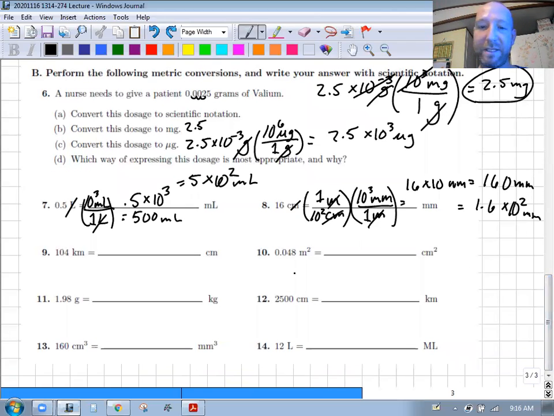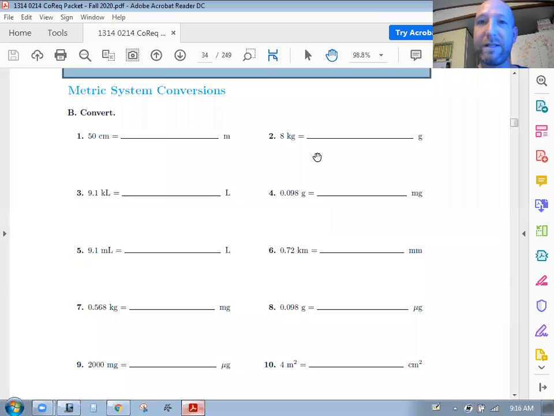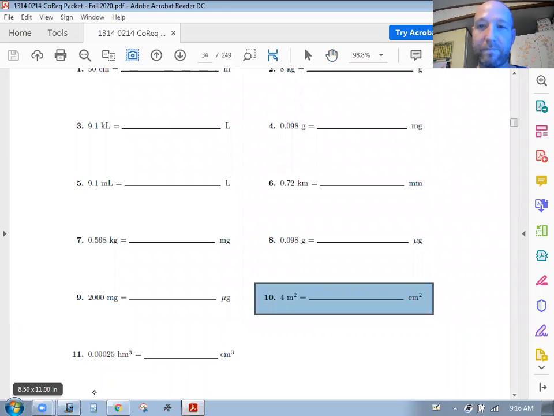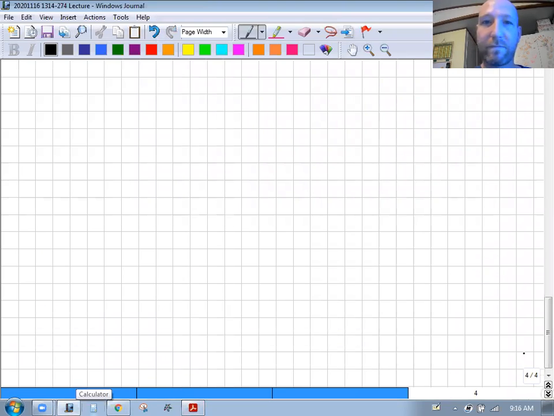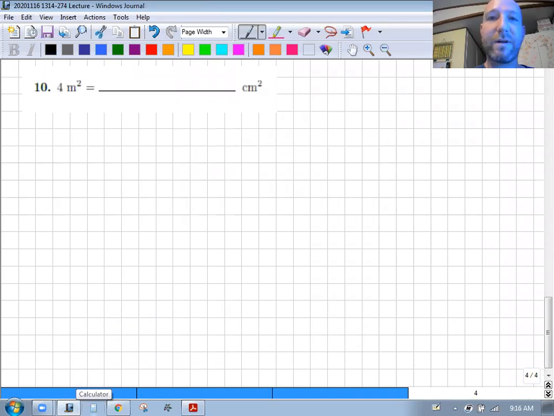Let's look at number 10 here because it has the squared. Let's do it in its own spot so we have enough room to write things out. All right, recall when we have things squared like this, we're going to multiply this by the number 1. We got to get rid of meters twice, right?